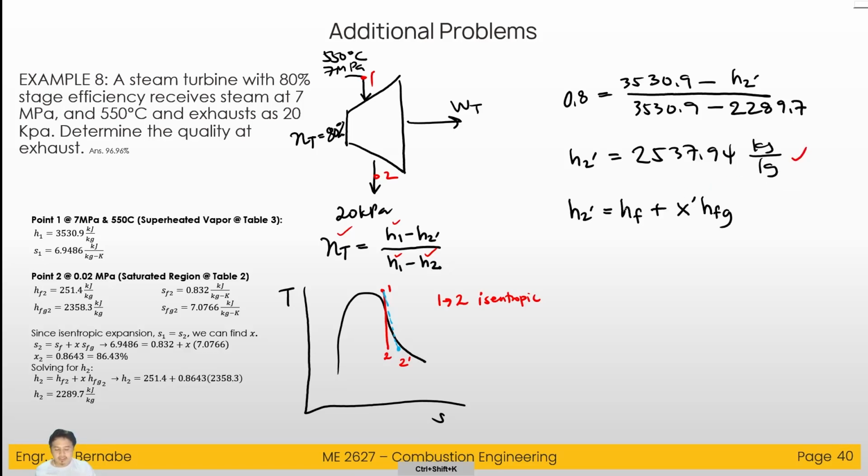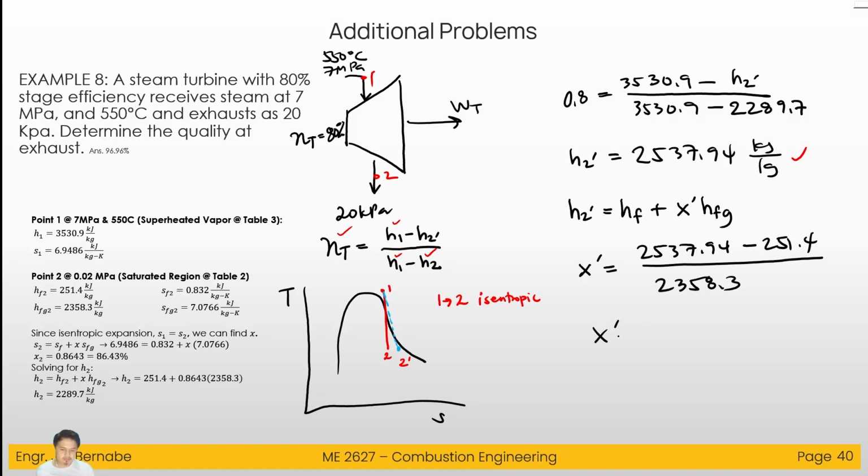Now the next thing is to find the actual quality. To find actual quality, I'll write this down. You have 2537.94 minus hf, that's still the same hf, 251.4, divided by hfg, 2358.3.